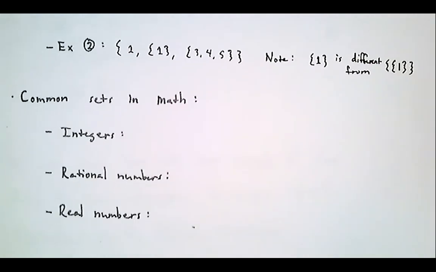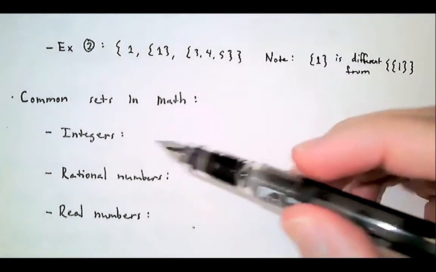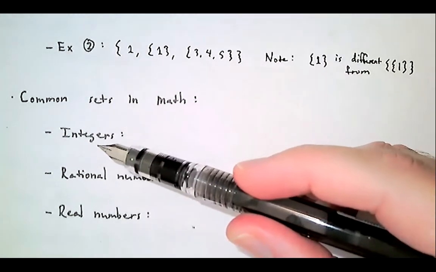Okay, so there are certain sets in any math class that you're going to deal with quite a bit. And they actually have some special symbols that we use for shorthand. So I want to take a moment to tell you about them. The first one is the set of integers.